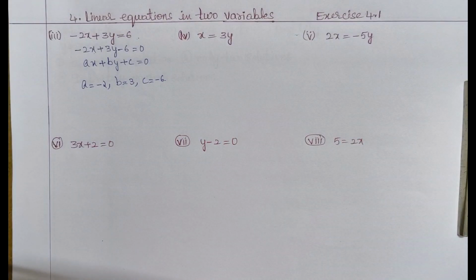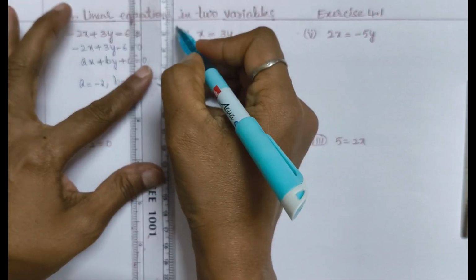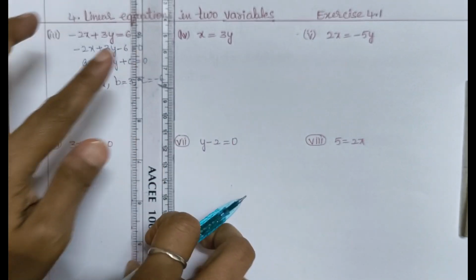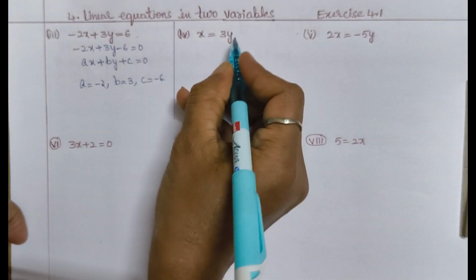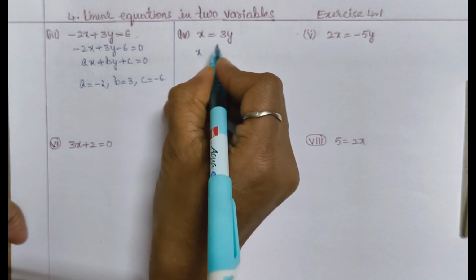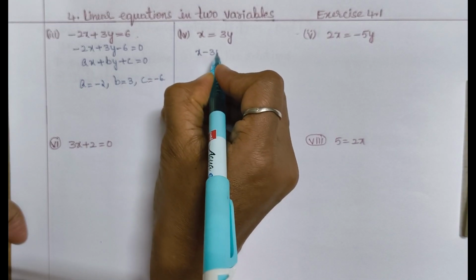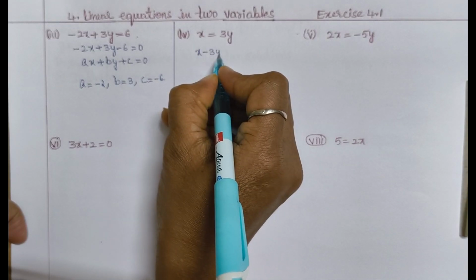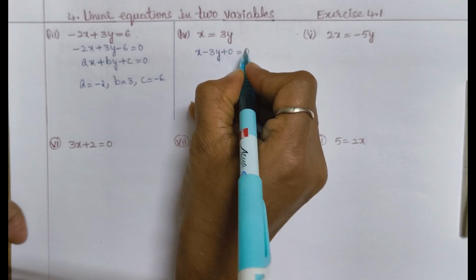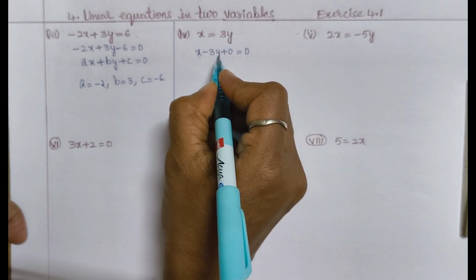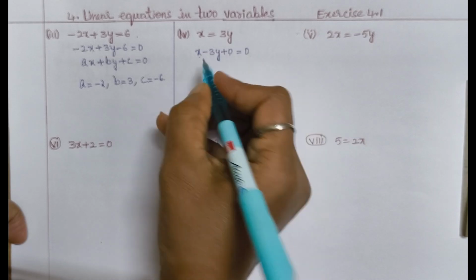Okay, now we will come to the next sum. If there is confusion, we will take a line. Now see here, the fourth sum. x is equal to 3y. We will take this to this side. x minus 3y. Here, ax plus by plus c is not there, so what will we take? Plus 0 is equal to 0. So ax plus by plus c is equal to 0.